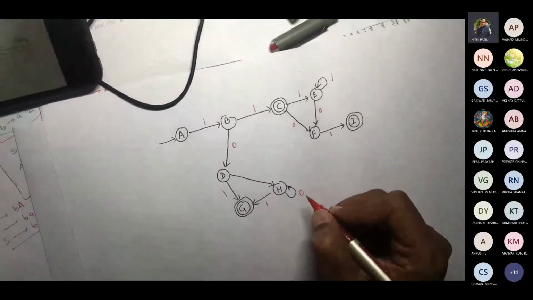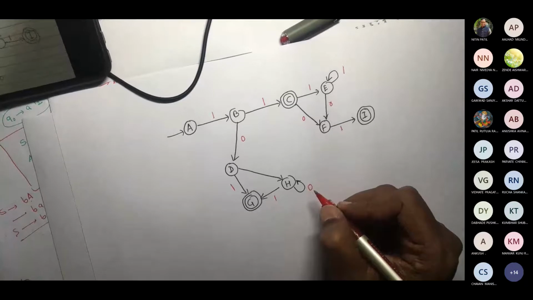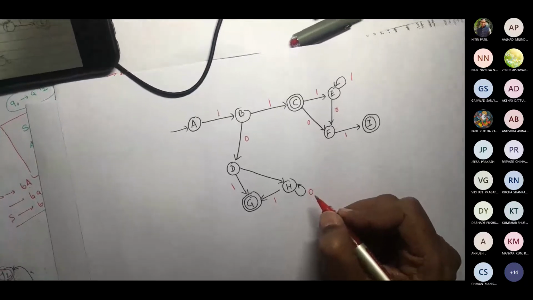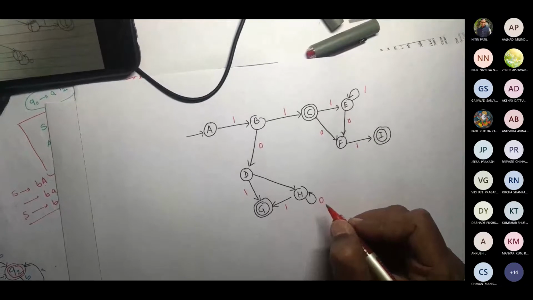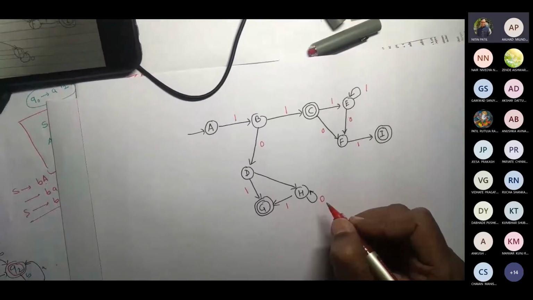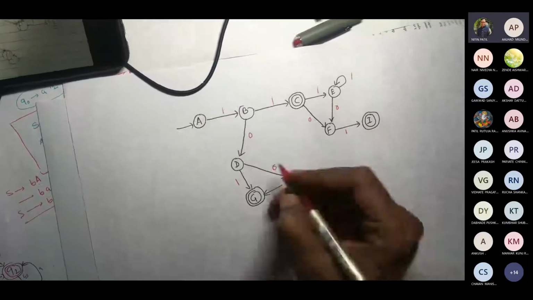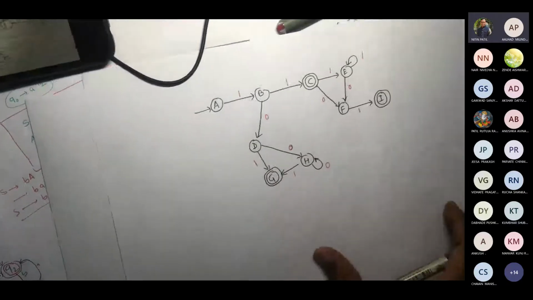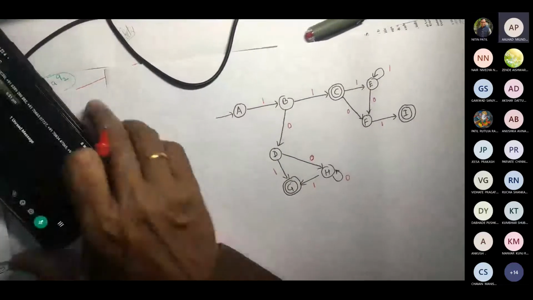What is it for D to H? It is 0. Can you give me the regular expression? I've sent it. Okay, regular expression also.